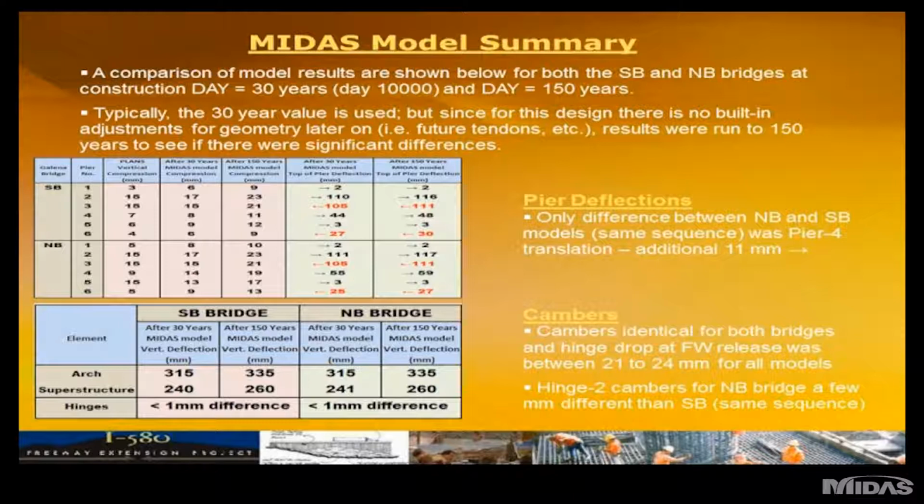The pier movements for that particular one differed by about 11 millimeters from its southbound counterpart. So again, you can use different models for twin bridges if they're not the same geometry or layout, to just double check. Very simple to do with just varying the pier heights.